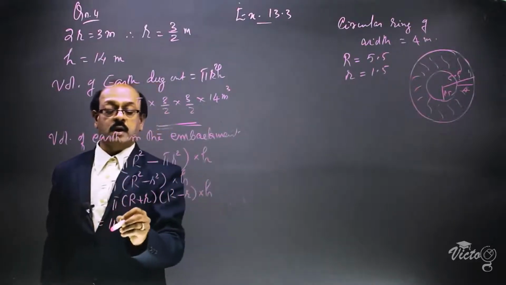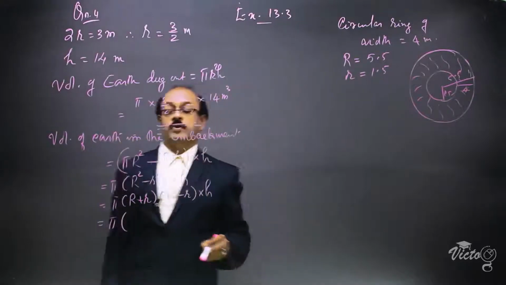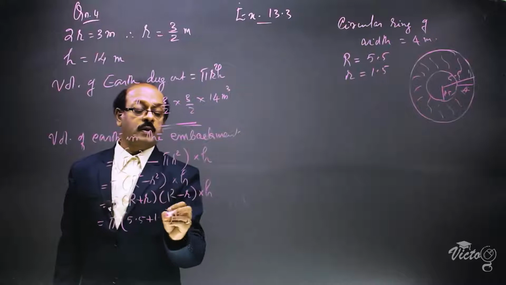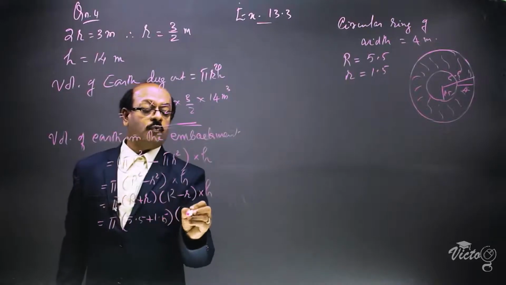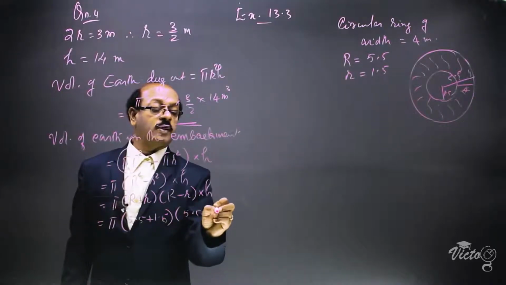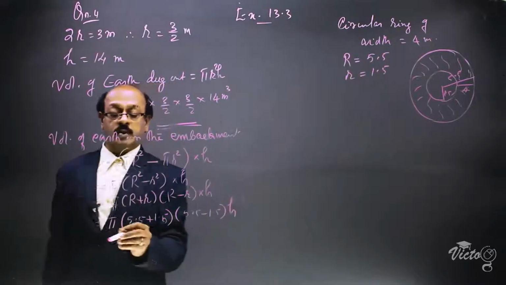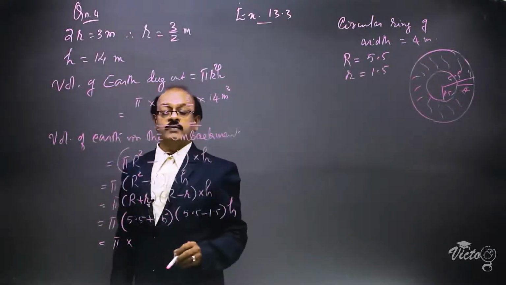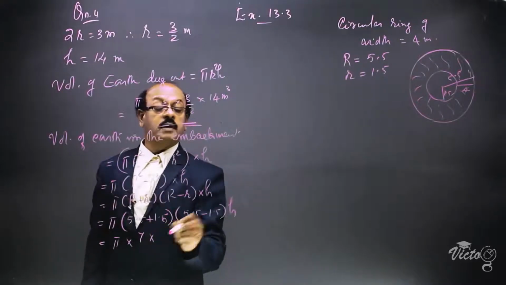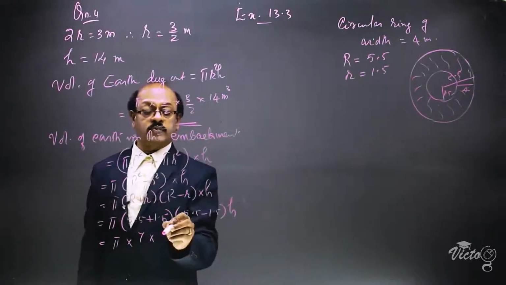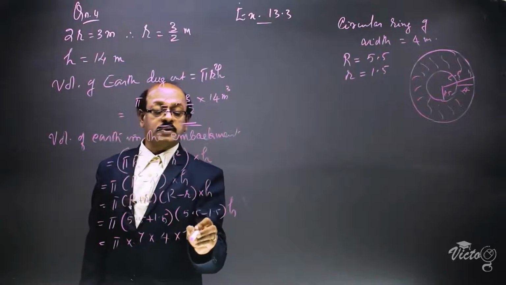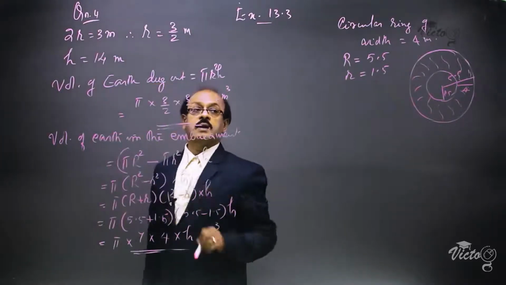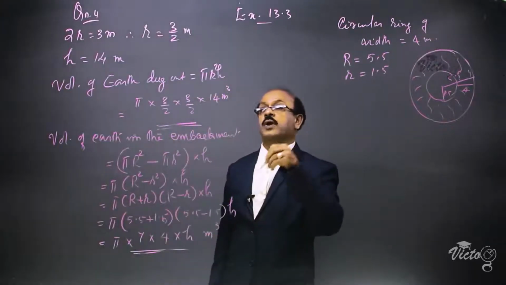Giving values, pi into capital R, it is 5.5 plus 1.5 into 5.5 minus 1.5 into h. This is equal to pi into 5.5 plus 1.5, it is 7, and 5.5 minus 1.5, which is equal to 4, into h meter cube. This is the volume of earth in the embankment. Now we can equate these two.